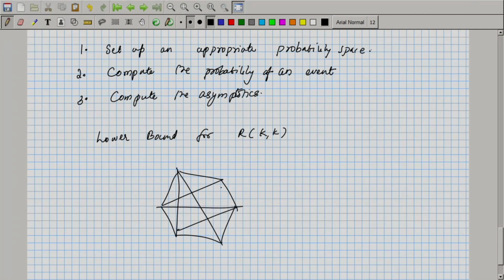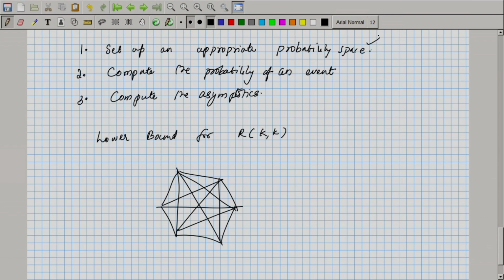The sample space consists of all the possible colorings that we can obtain. What is the probability of each coloring? Well, we will assume that each edge is colored either red or blue with equal probability. That gives us the description of the probability space.